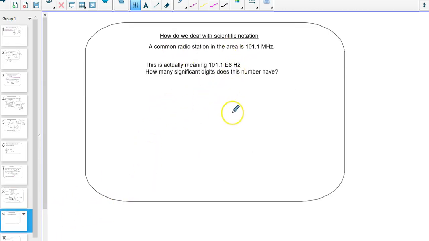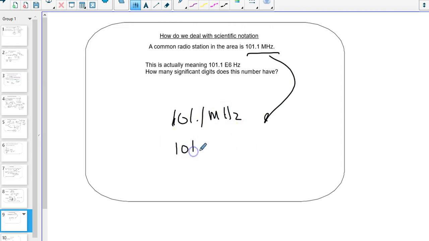So how do we deal with scientific notation? There's a common radio station my daughter really likes, which is 101.1 megahertz. This thing's been around forever. In this case, this means 101.1 e to the 6th hertz. That's the frequency of it. So that's scientific notation.